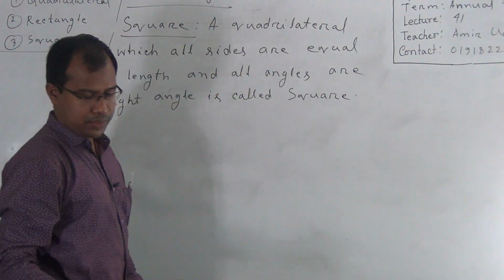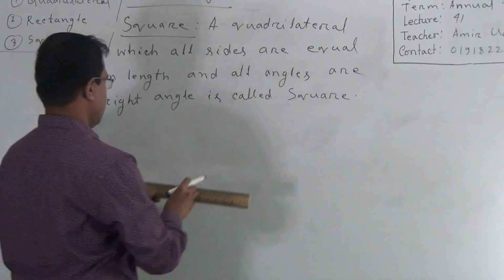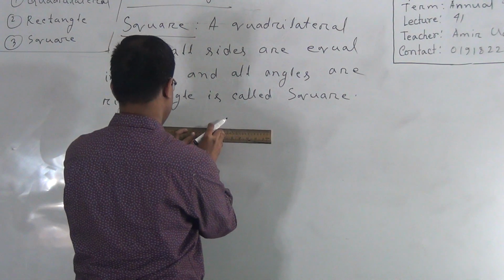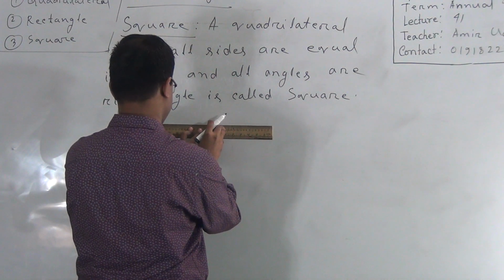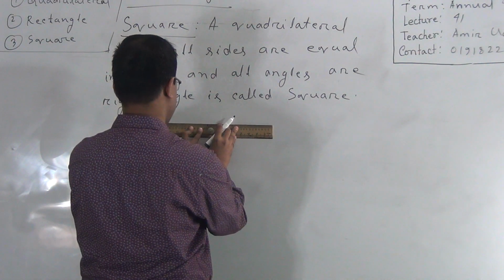Now we'll draw a figure of a square. Here all sides will be equal in length and all angles will be 90 degree.